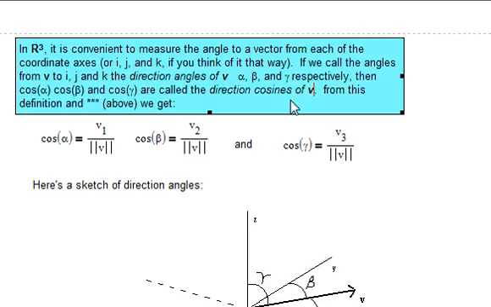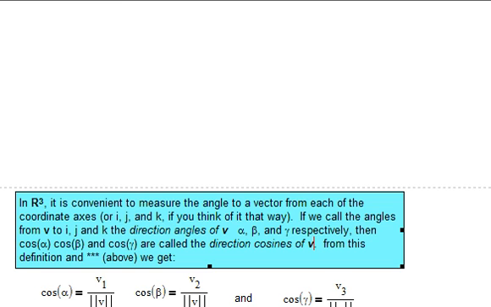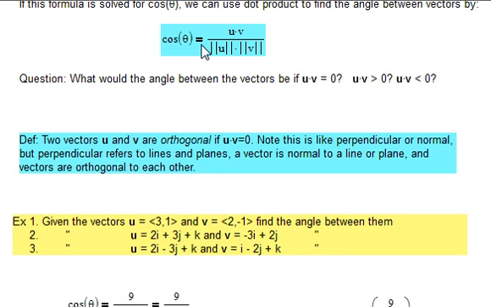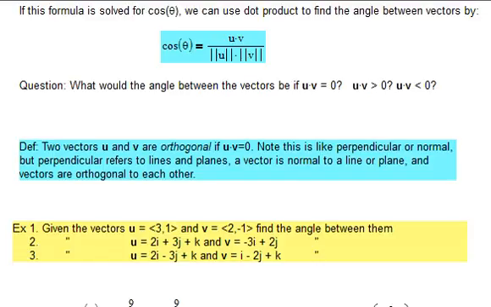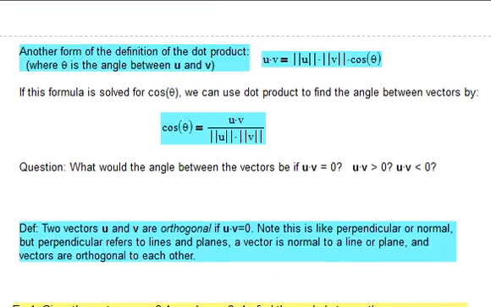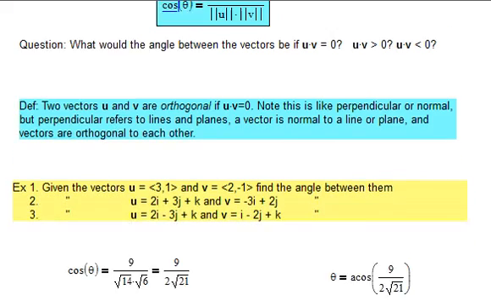So when we want to find the angle between vector v and i, we just use this formula, to find those angles.